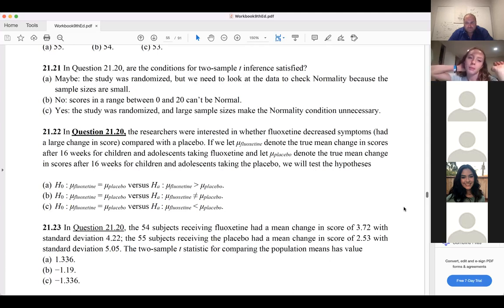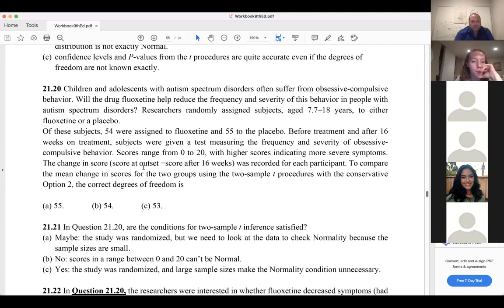Well, the whole problem is kind of confusing. That's why I went back to look at it. The score at outset minus the score after 6 weeks, these are the numbers. Scores range from 0 to 20 with higher scores indicating more severe symptoms, right?